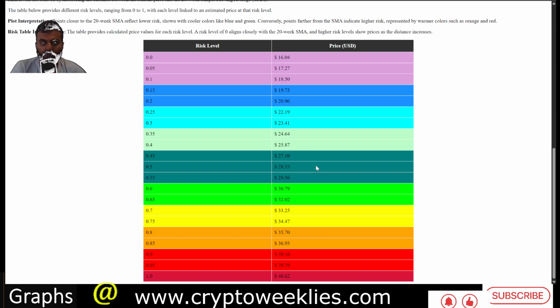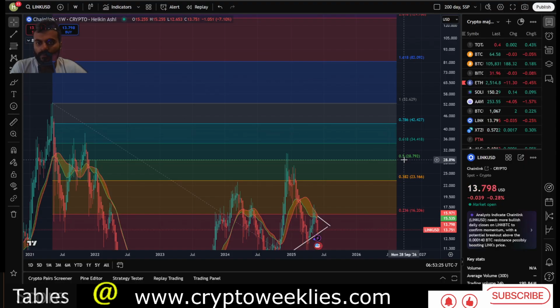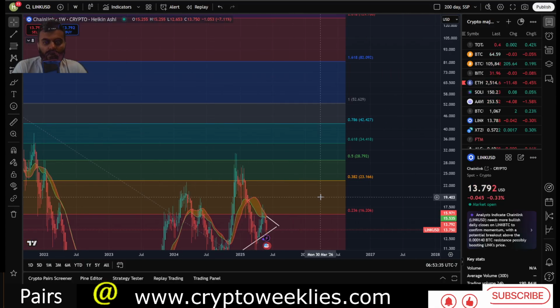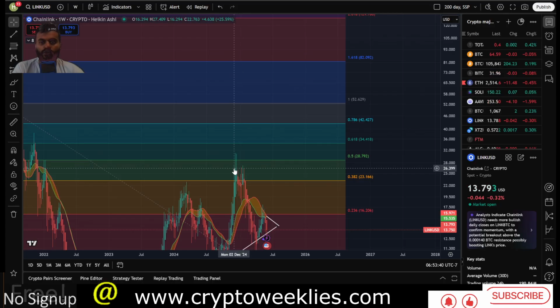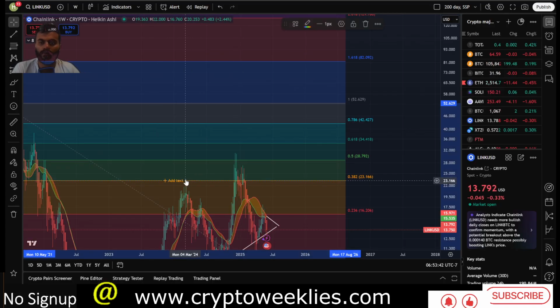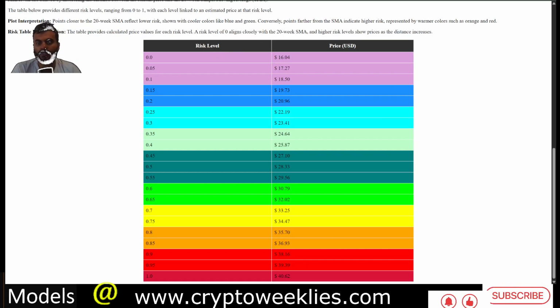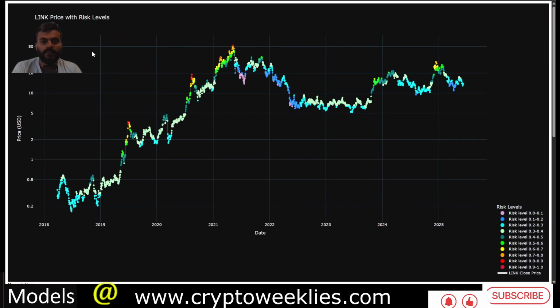So this model says the 40 to 60% risk is between $25 and essentially $31, close to that 0.5 fib level, essentially the midpoint between the 0.382 and 0.5, and the midpoint between 0.5 and 0.618. So you can see essentially the candles resolve at the middle of this Fibonacci range. Although the wicks go to the top of the range, the candle bodies are at the middle of the range. So that's the simple moving average based scenario.